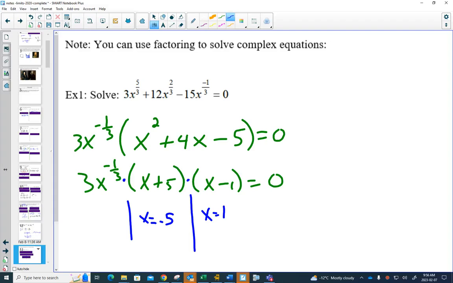You can use whatever you want. So another thing is the rules that we have in the past, we got to know how to work with them. Here we've got an exponent that's a fraction and an exponent that's a negative. So we need to think a little bit about this, because this is really what we're asking. When is this equal to 0?